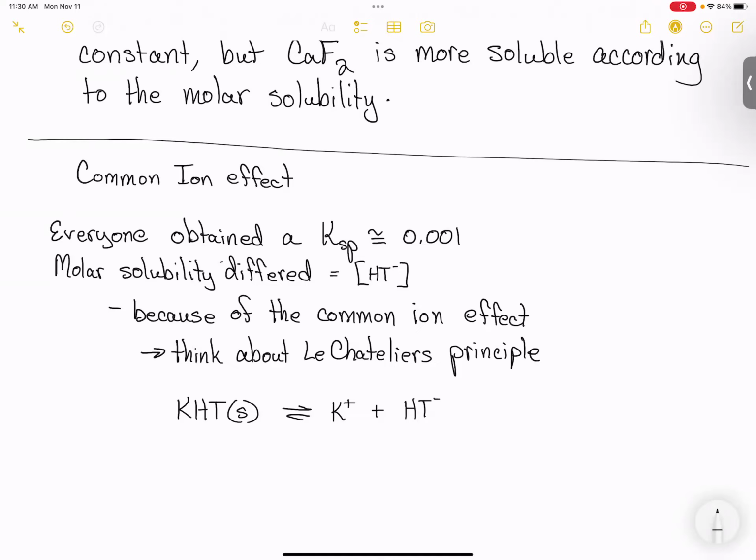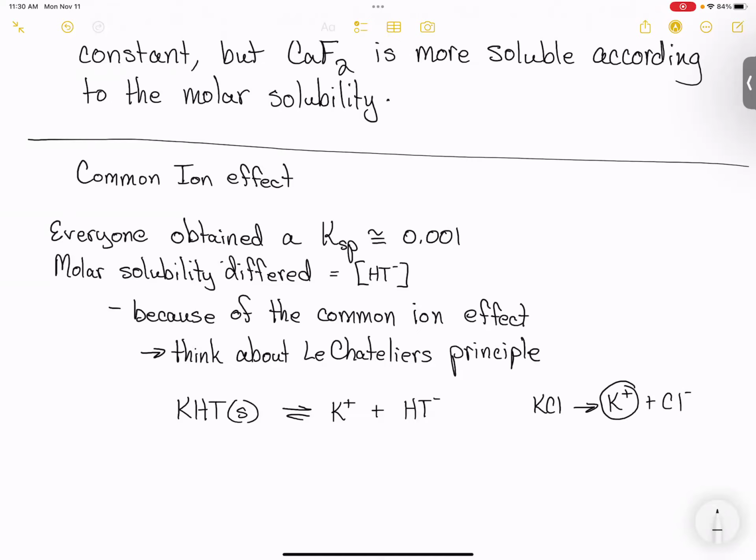Now, other than one group in each lab section, you add KCl to this mixture. And KCl dissociates to form K plus Cl minus. So what you were adding is K plus.